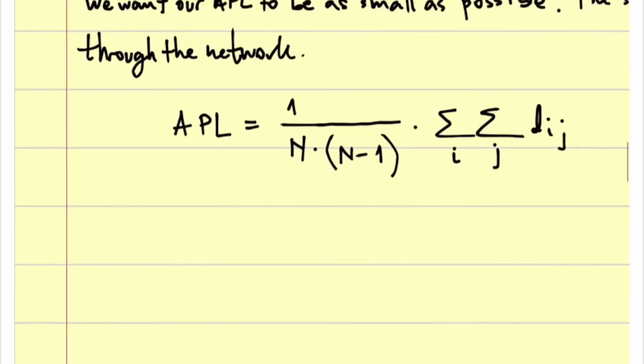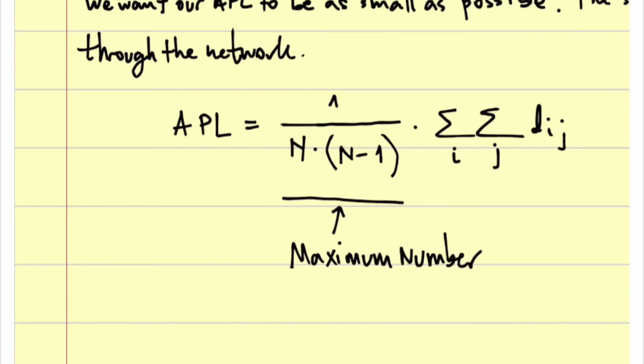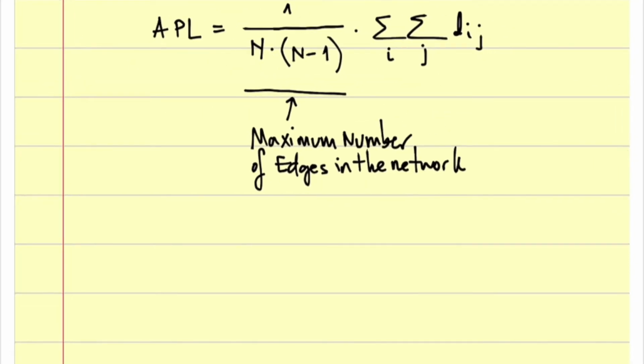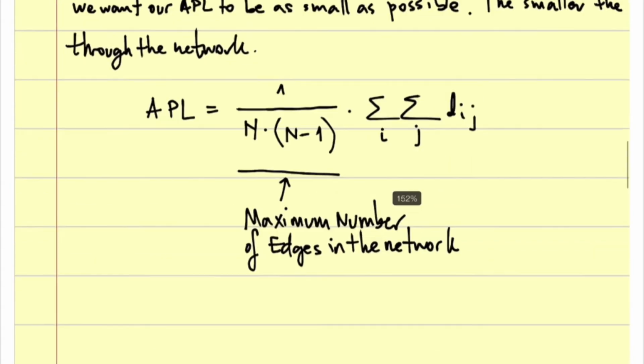So what does this mean in words? Why is this the average? This is the maximum number of edges, of connections in the network. Why is n times n minus 1 the maximum number of edges in the network? Somebody tell me.